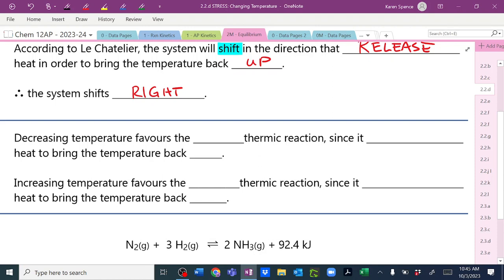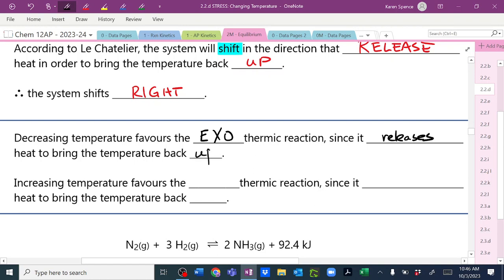Decreasing temperature favors the... If we decrease temperature, what does the system want to do? The system wants to increase temperature. So what's going to increase temperature? An exothermic reaction will bring the temperature back up, since it releases heat.